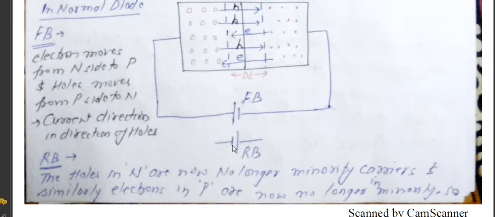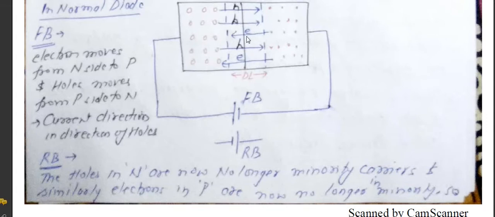The switching is very fast, switching the on off condition. We are very quickly changing the state of this diode from on to off and from off to on. This is why, because of this barrier depletion layer, there are some charge storage.